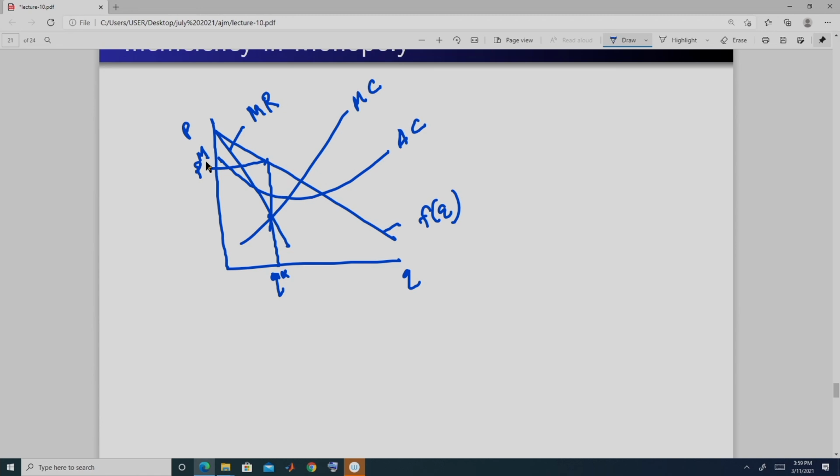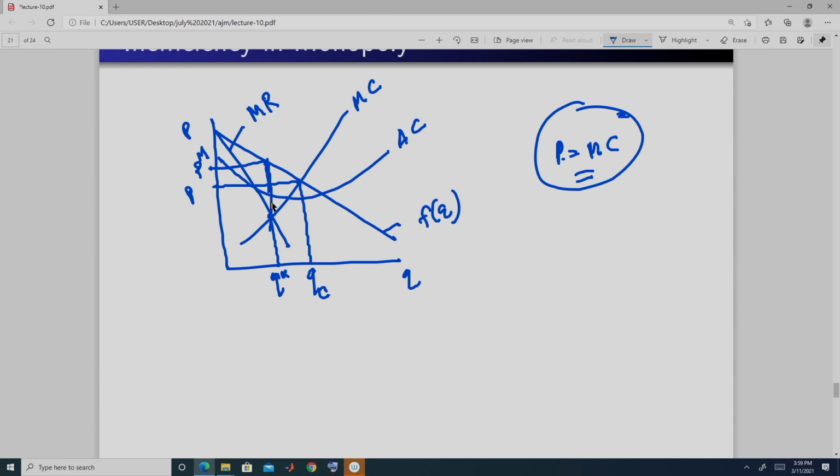Now, suppose in this case there is one firm and that firm has to produce at that output where price is equal to marginal cost. Because had it been a competitive market, the outcome would always be this, price equal to marginal cost. So at that point the output would have been this, suppose QC. At this the market price is this.